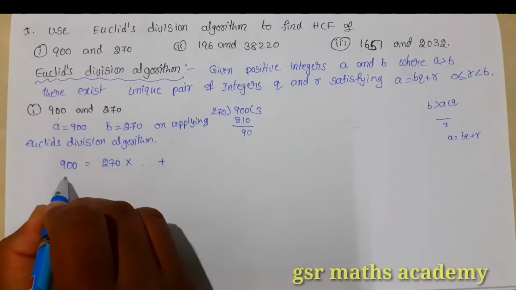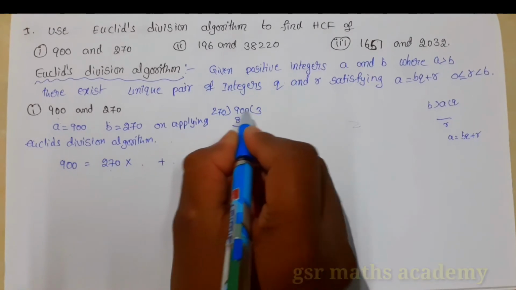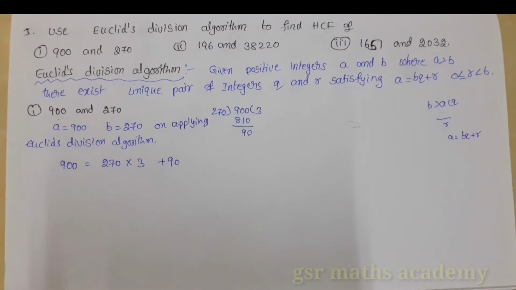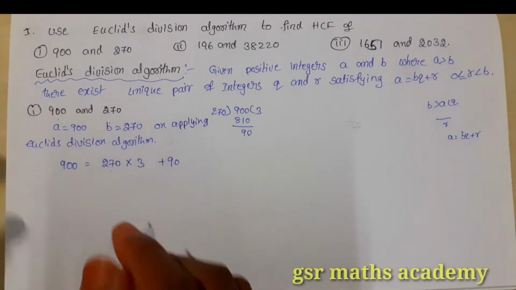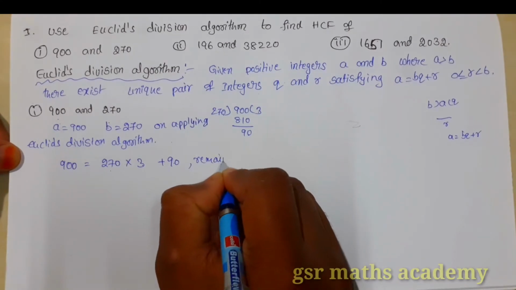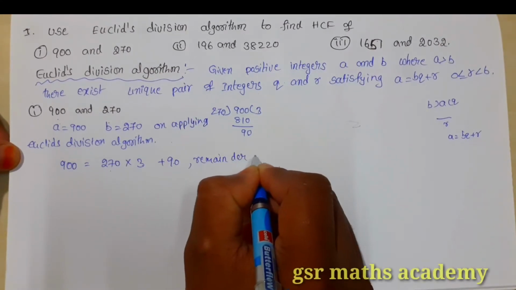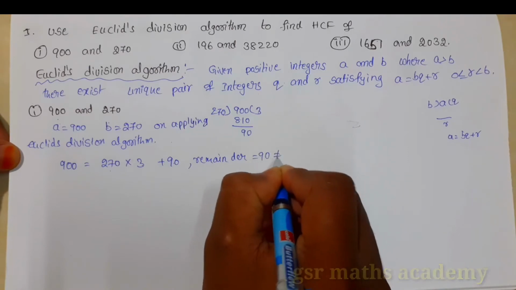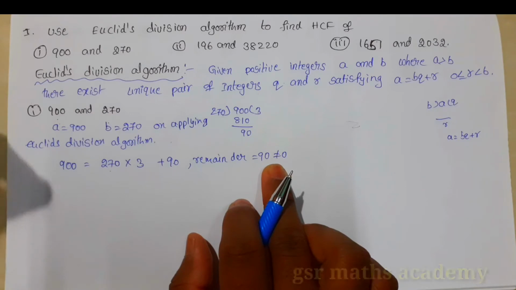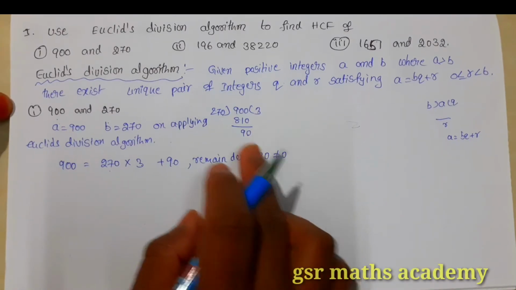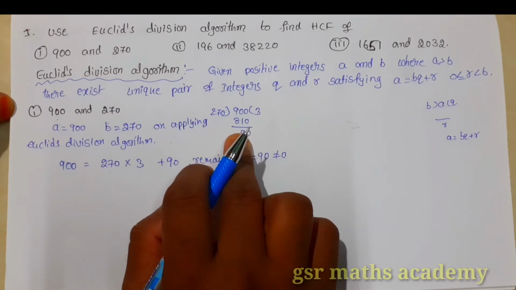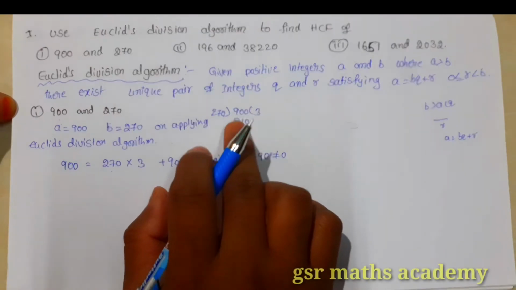That means 900 is equal to 270 into 3 plus 90. Now what is the remainder here? Remainder is 90, which is not equal to 0. If remainder is not equal to 0, now we need to take a new dividend as 270 and new divisor as 90. Then we need to apply the Euclid division algorithm.